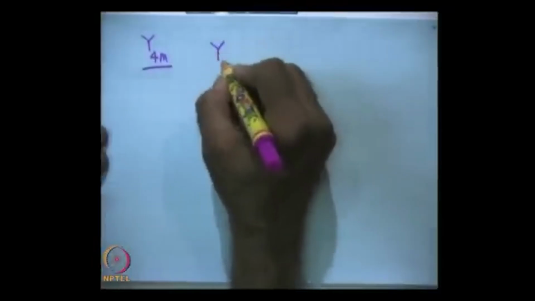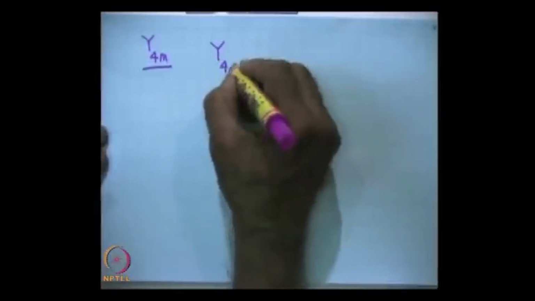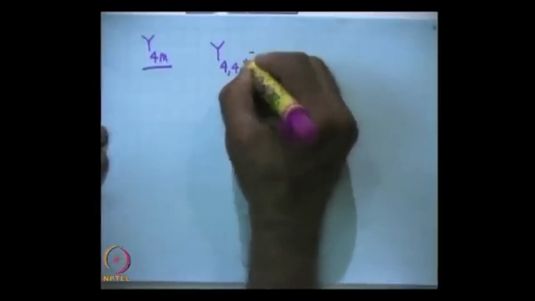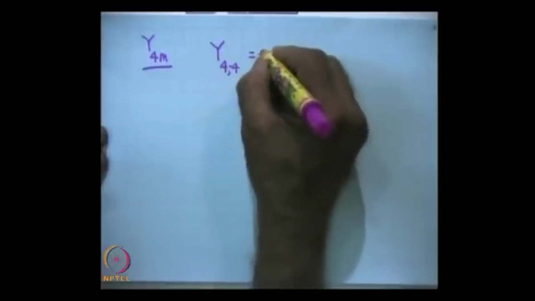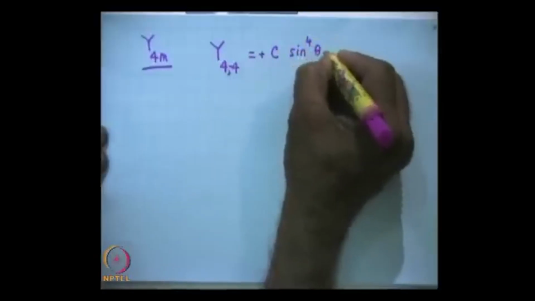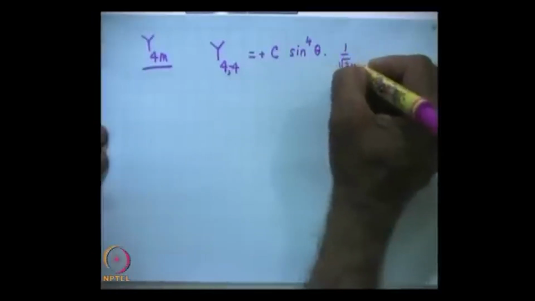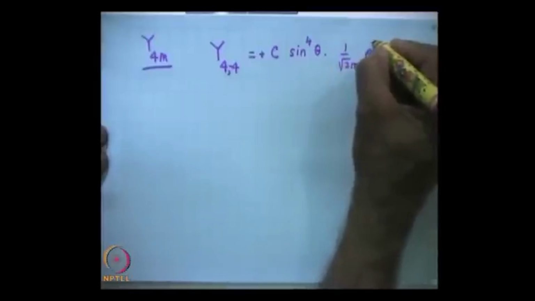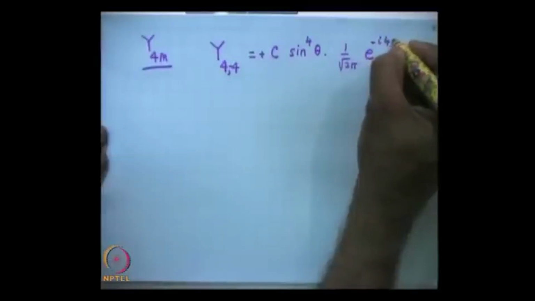So, therefore, I have given you the recipe that for any value of L or M, let us suppose I want to do Y4,m, I want expressions for Y4,m. So, first I write Y4,4 or Y4,-4 will be plus c sine to the power of 4 theta multiplied by 1 over root 2 pi e to the power of minus i4phi.